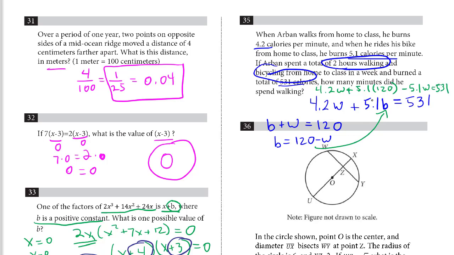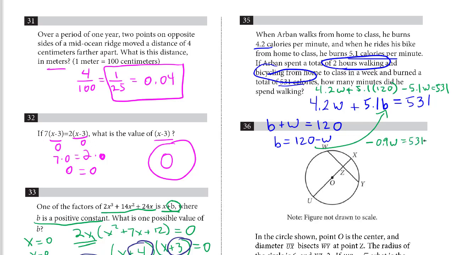Okay? So let's combine like terms. 4.2 minus 5.1 is going to be minus 0.9 W. And 5.1 times 120 is going to be 612. So I'm going to subtract 612 from the other side.